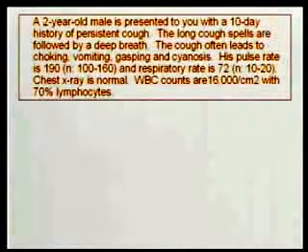His pulse rate is 190, meaning tachycardia. 100 to 160 is normal, and respiratory rate is 72, again higher than normal. He is breathing very fast because of gasping for air, at times because of the irritation of the bronchial and pulmonary tissues.